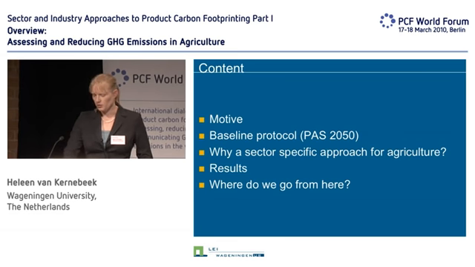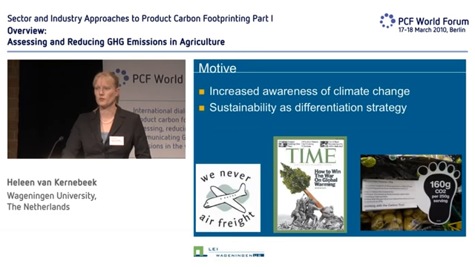And then I will show you a number of examples of protocols or models that we have developed at Wageningen University and Research Center, of which LEI is a research institute, and partners, and a look into the future. Where do we want to go from here?